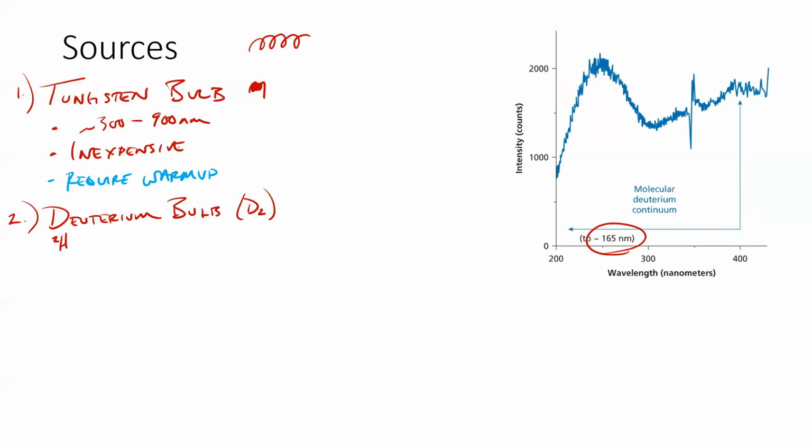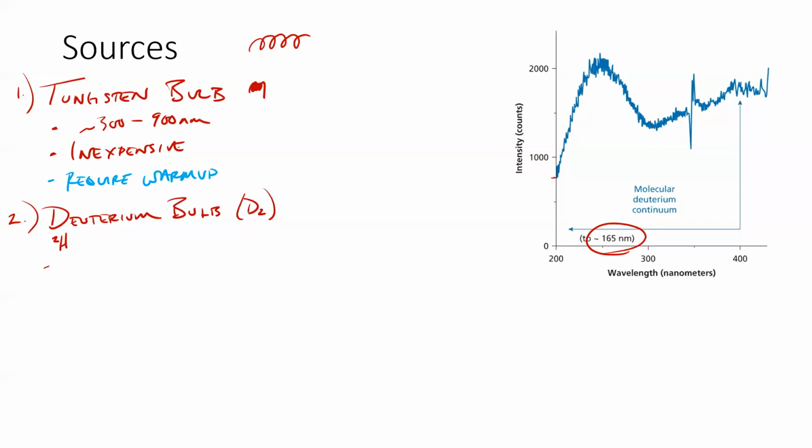I think most instrumentation usually cuts it off at about 190. The power gets really low below 165. You can tell it's already on its downward trend here, even at 200. So most instrumentation cuts off the useful span somewhere between 190 and 210, depending on the instrument.